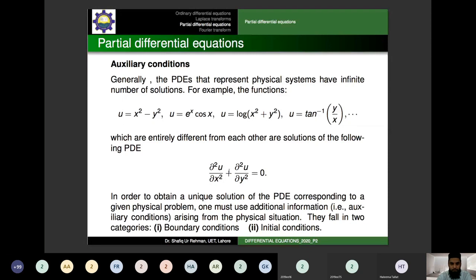There is another option. u is equal to e raised to power x cosine of, I need to double check that one, because it should be a function of x and y as we have in this expression. Wait a minute.